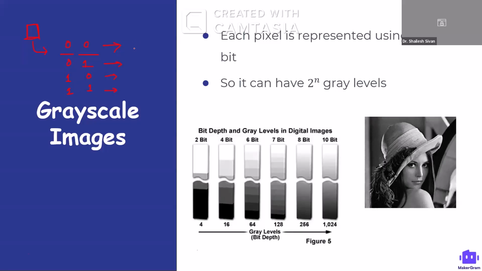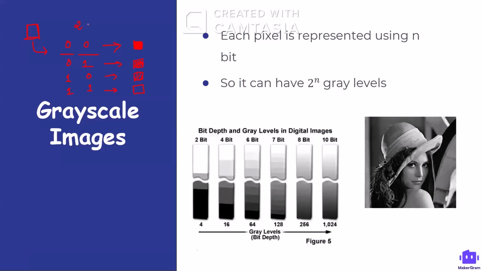So this 0 0 will be the core black, and 1 1 will be white. In between, we can have different shades of gray. Are you getting it?